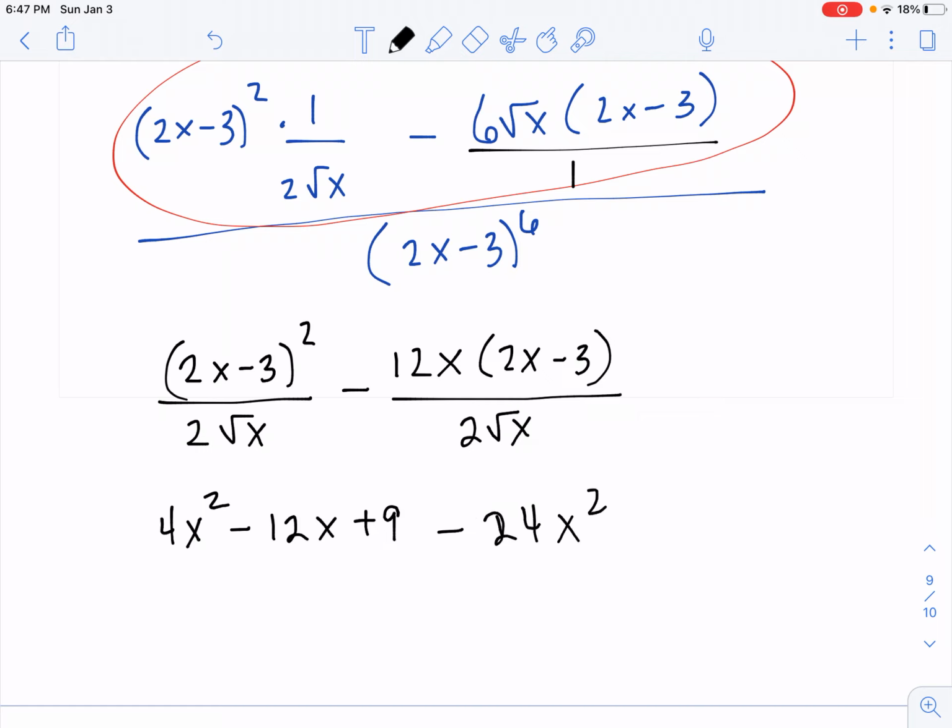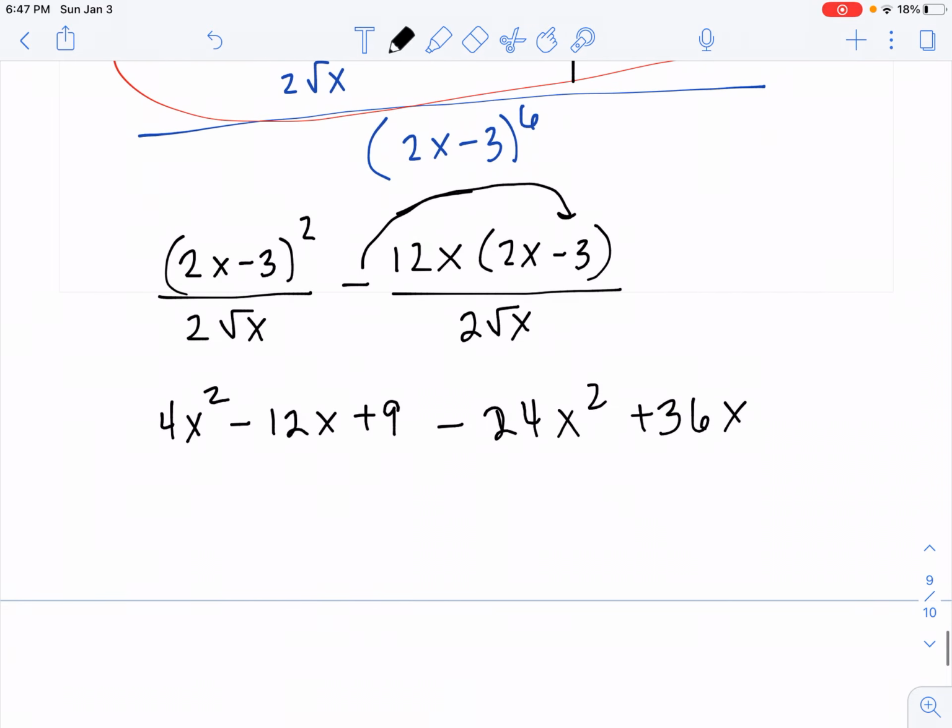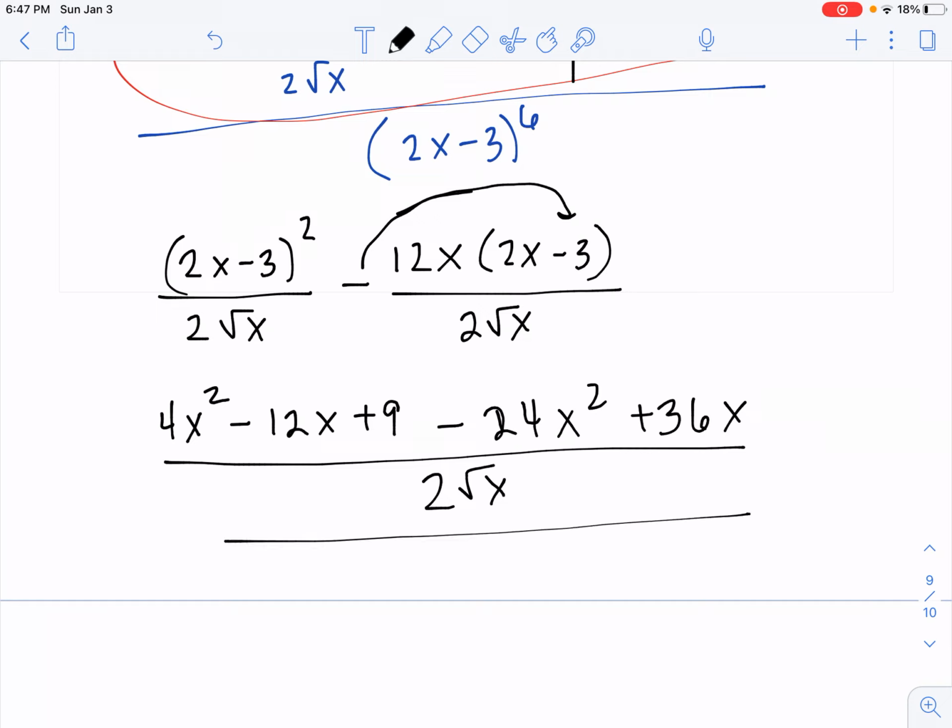And don't forget to distribute this negative. And then don't forget it's still all over 2x minus 3 to the power of 6.